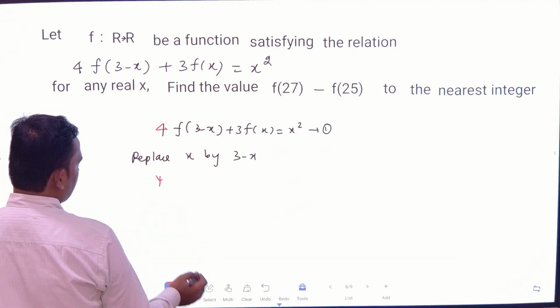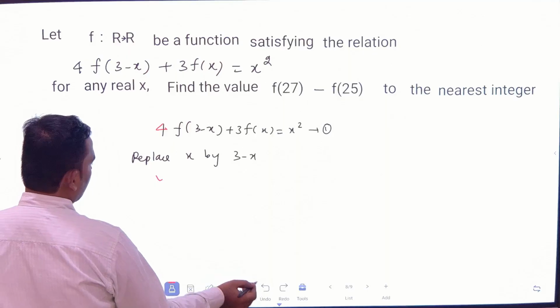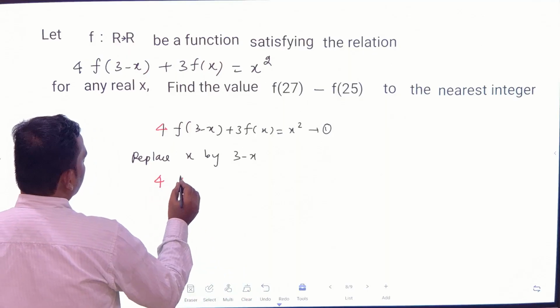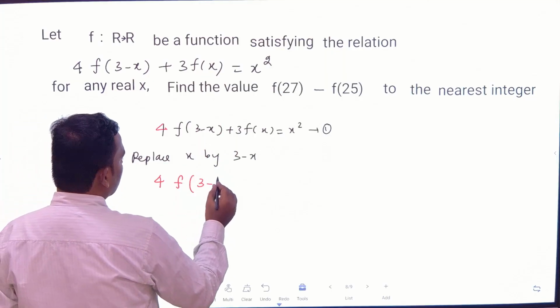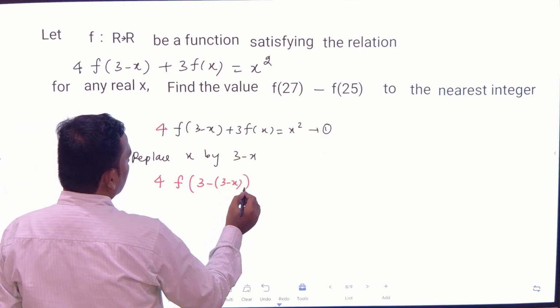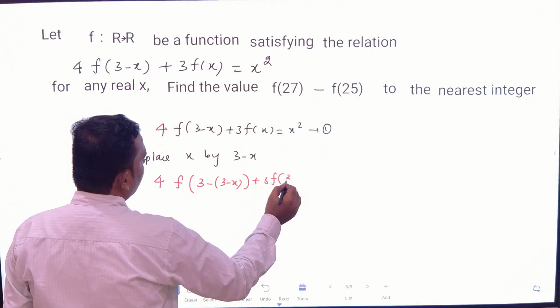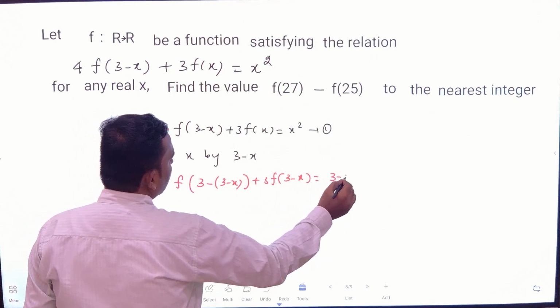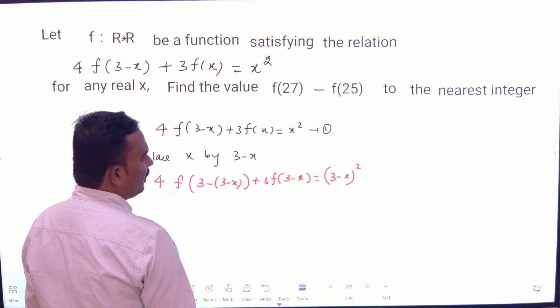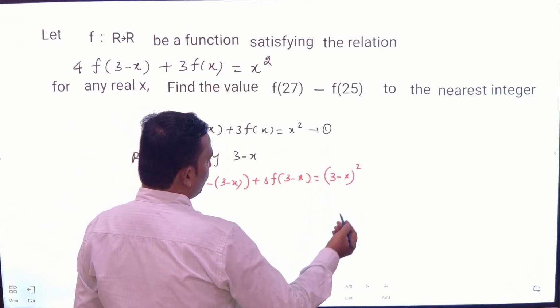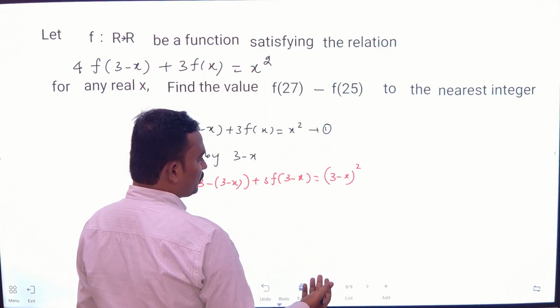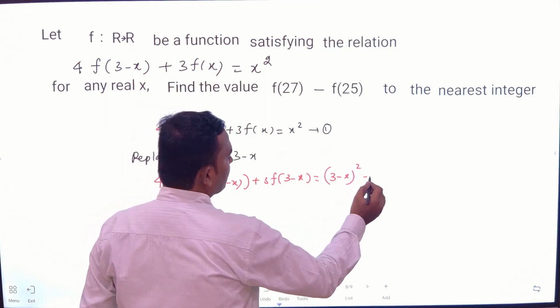So 4 times f of 3 minus, wherever x is there you replace 3 minus x, 3 minus x, plus 3 times f of 3 minus x is equal to 3 minus x whole square. You already know that if you take the minus common, you get x minus 3 whole square, and if you square it you get the same thing.